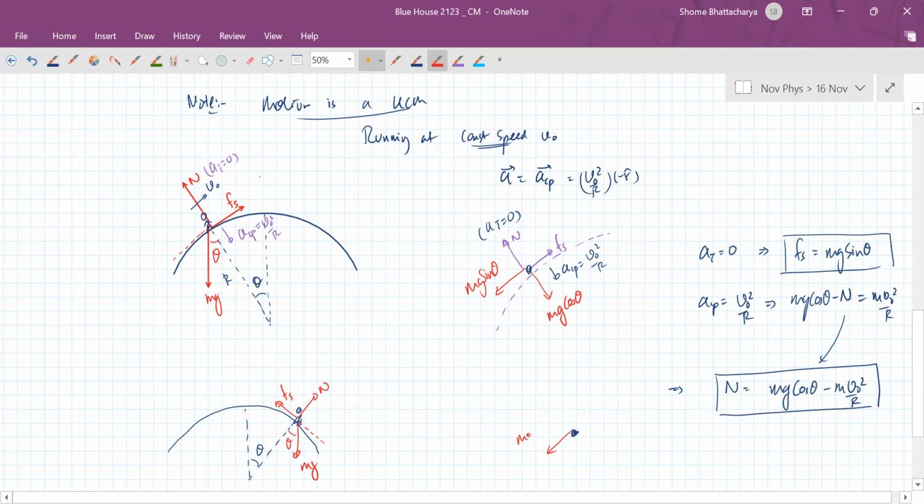Only it's opposite in terms of the direction of velocity. So in both these cases, it's the same equations that apply.